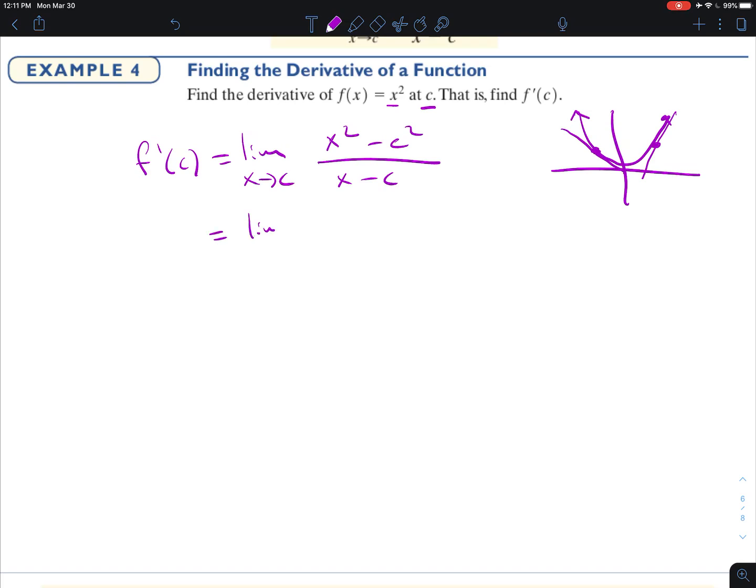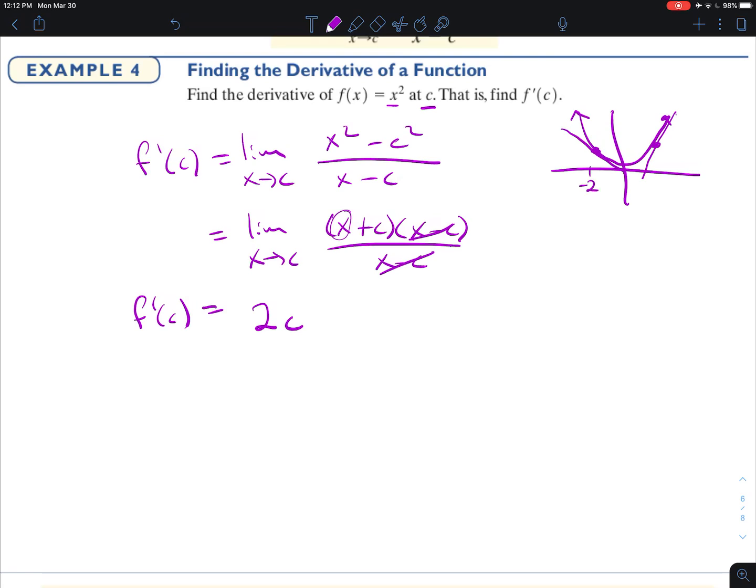And as it turns out, the limit as x approaches c, that's a difference of two squares, so x plus c, x minus c, over x minus c, those go away, and now I can plug in c, right? As x approaches c, this is going to turn into a c, and therefore my derivative is 2c, meaning that if I wanted to find this slope at -2, I would just plug in f prime of -2, which is -4.